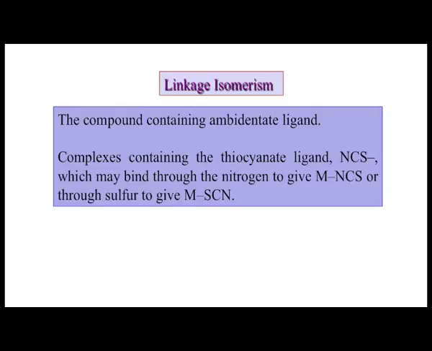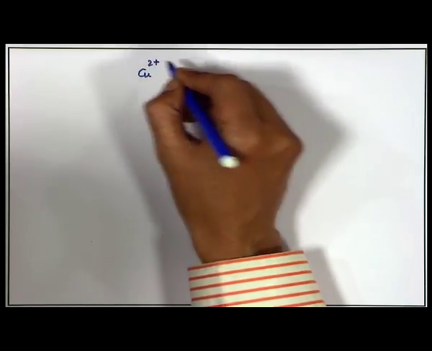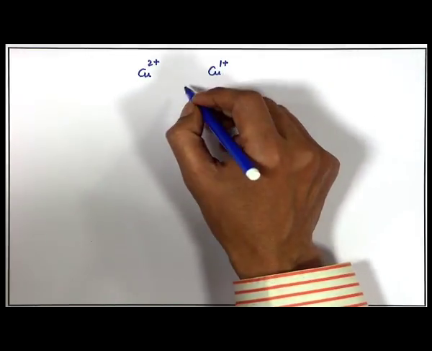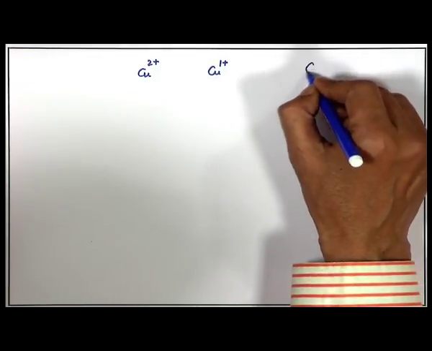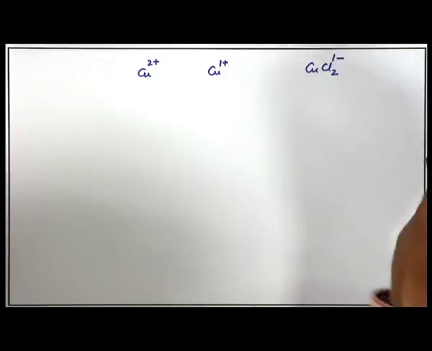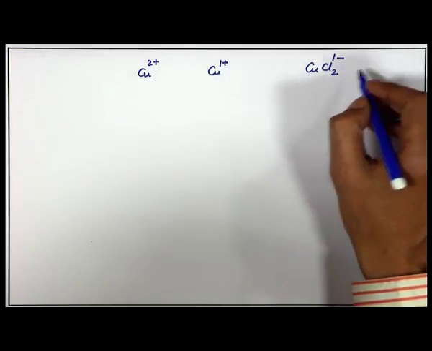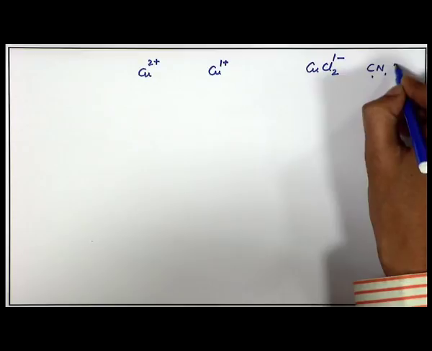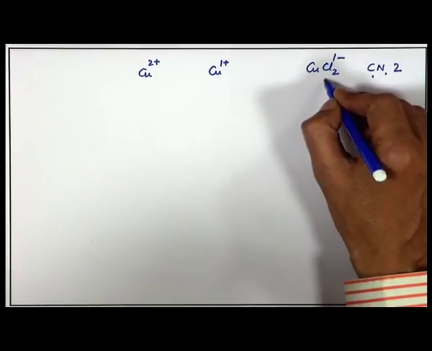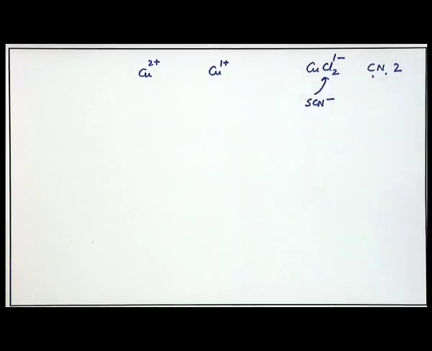For example, copper can have two oxidation states, 2 plus and 1 plus, and like the species we have seen just now, it can be the 1 minus cuprous bound to 2 chloride groups with a coordination number of 2, which we have already seen. Similarly, this Cl minus can be replaced by SCN minus, the thiocyanate groups.